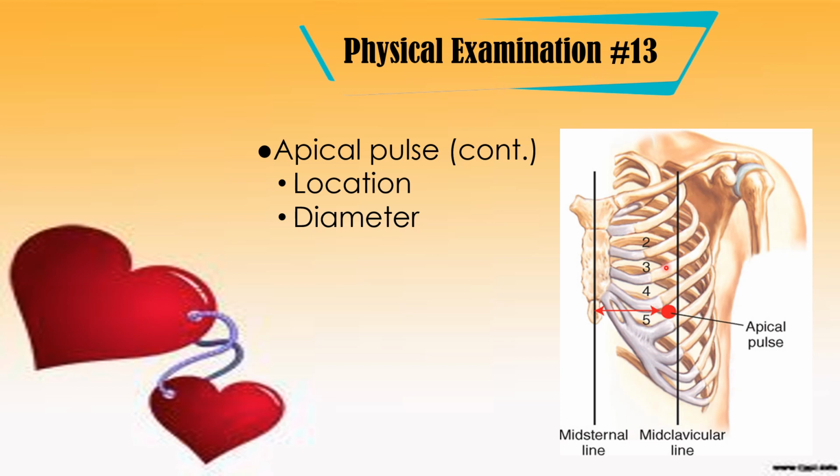For the diameter, palpate the apical impulse in the supine patient. It usually measures less than 2.5 centimeters and occupies only one intercostal space. It may be larger in the left lateral decubitus position.